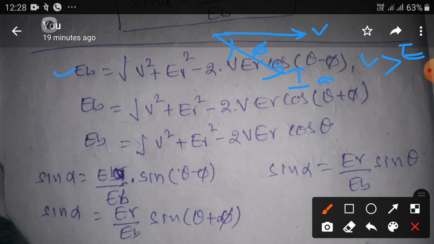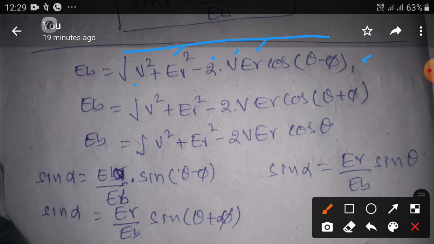At that condition, the back EMF in the motor is equal to the square root of V square plus ER whole square minus 2 into V into ER into cos theta minus phi.